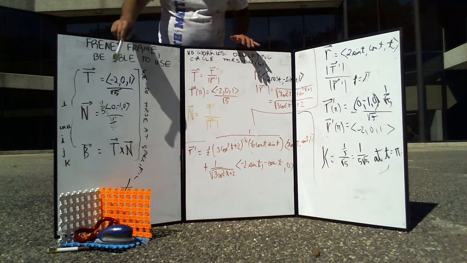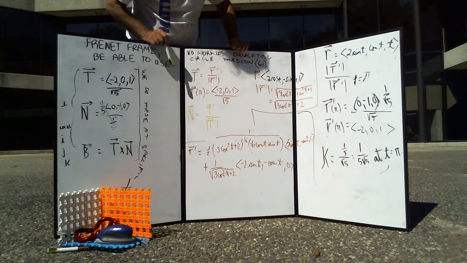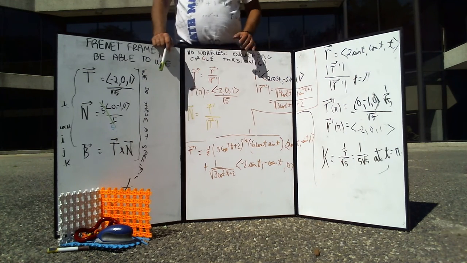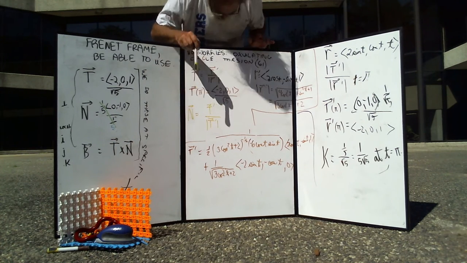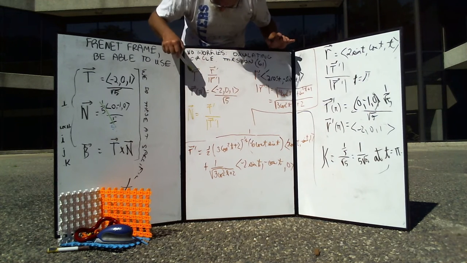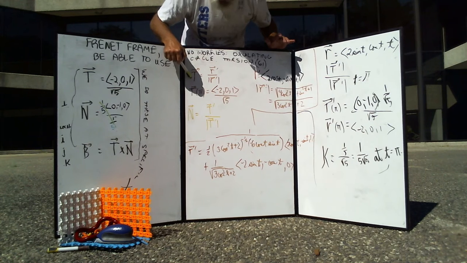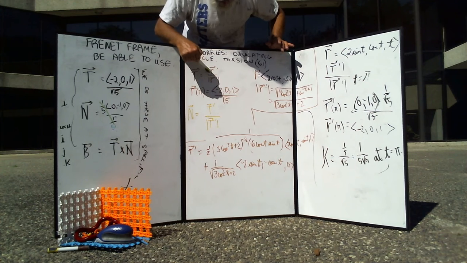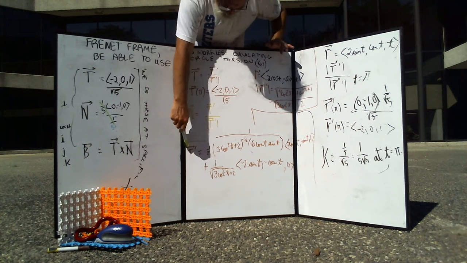Next up is big N. Big N has the formula big T prime divided by the length of big T prime. That's the hassle. I need this version of T, and I have to take the derivative of it with little t still in it. It's actually going to be a scalar function times a vector function. So here's T prime down here.